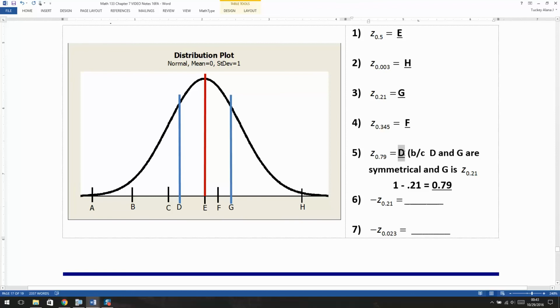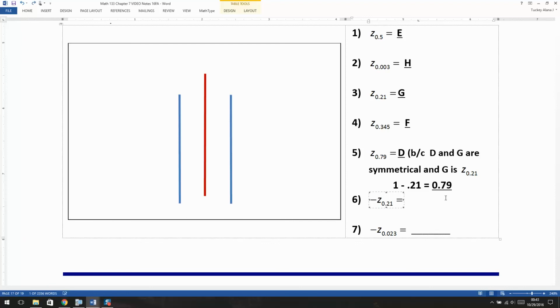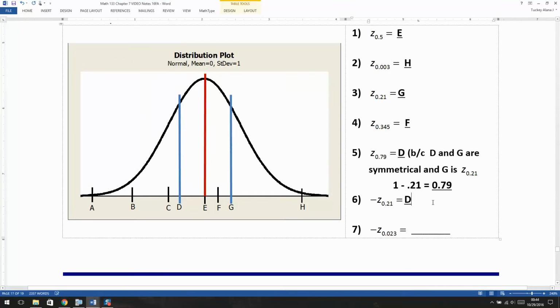Maybe it would have been better to do number 6 first because it's the same thing. The value to the left of D is 0.21 because D and G are symmetrical. So this has to be 0.21, so it has to be D.